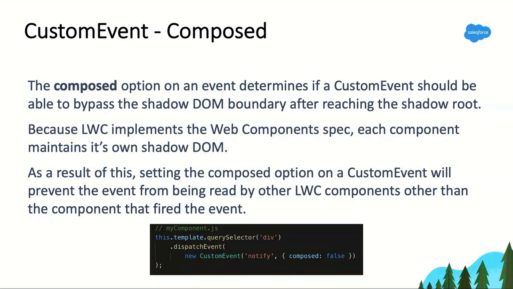You can imagine it as just a subtree that is totally owned by a single LWC component. If you set the composed option to true, the events will be able to bypass that shadow DOM and continue propagation up the DOM tree. If you set it to false, the events will be constrained to the current shadow DOM tree.